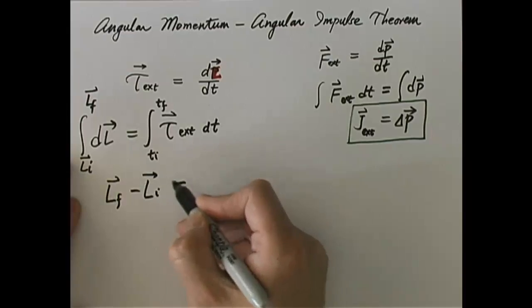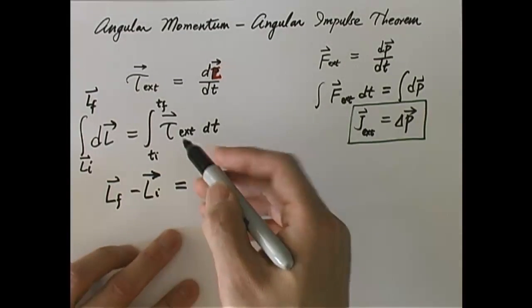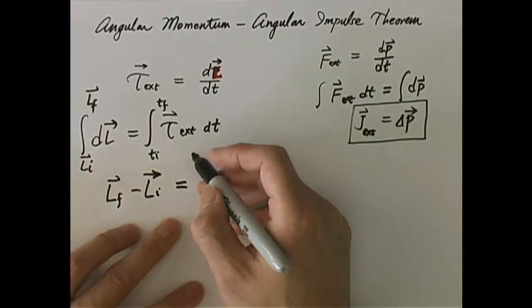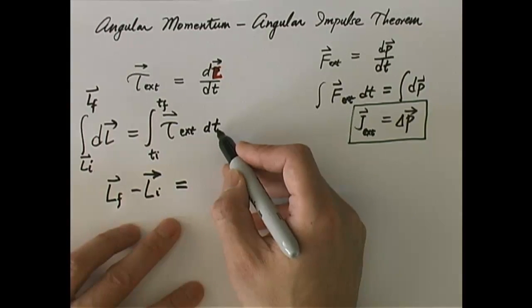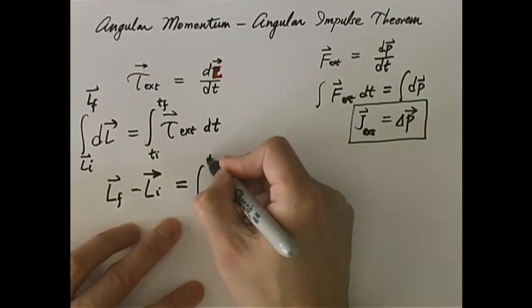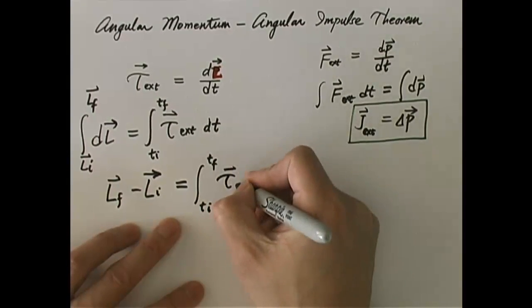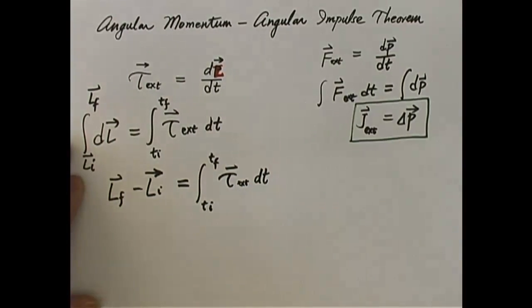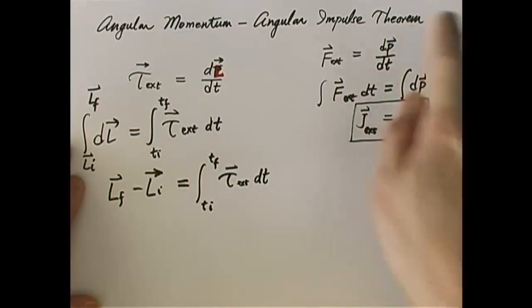The other side is this integral over time of the external torque dt, from t initial to t final. This is called the angular momentum-angular impulse theorem.